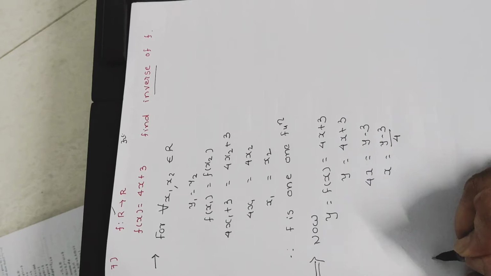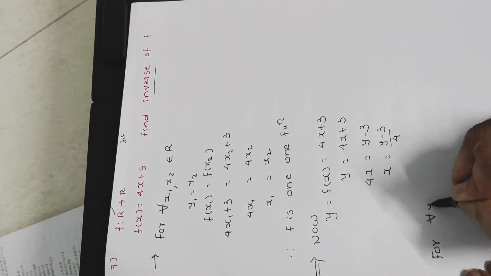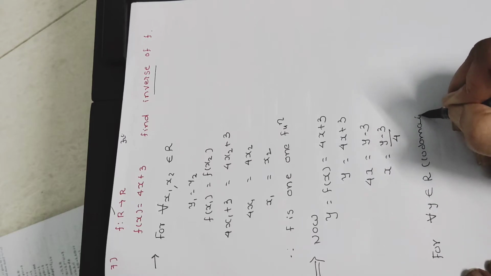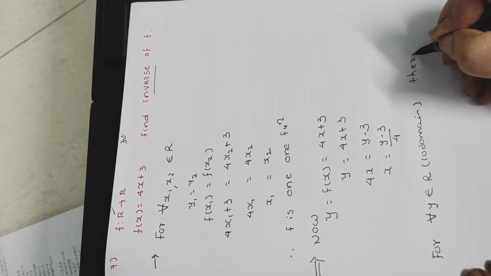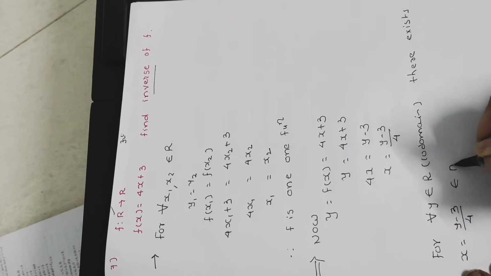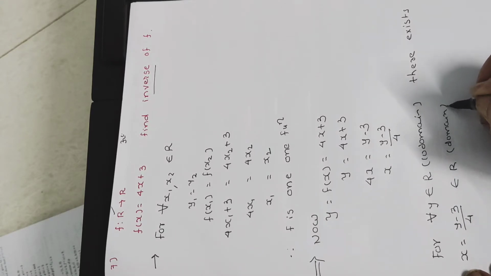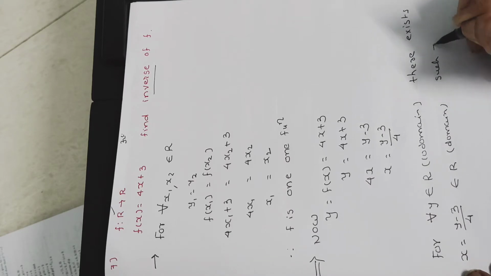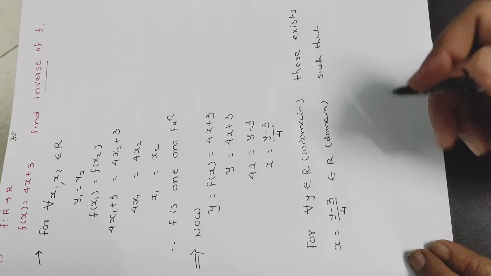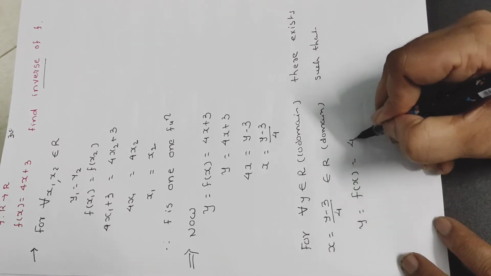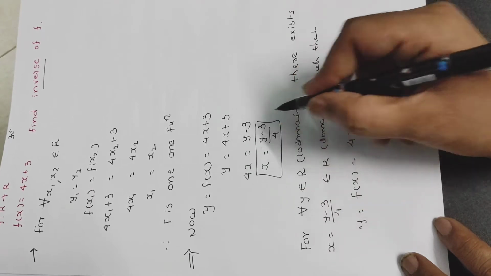So here I have to write: for any y which belongs to R, that is the codomain, there exists x is equal to (y minus 3) by 4 which belongs to R, the domain, such that I can write like this: y is equal to f(x) is equal to 4x plus 3, but the value of x I have to put it here.